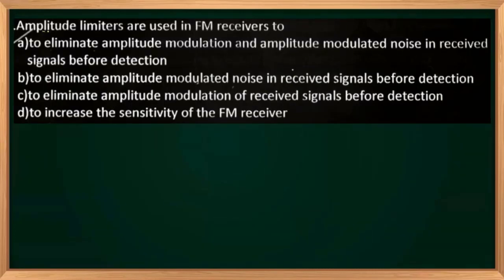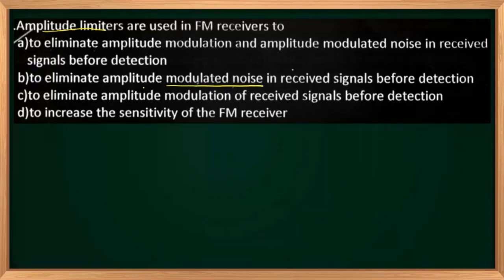Amplitude limiters are used in FM to eliminate amplitude modulated noise in the received signal before detection. That's the right answer. Actually, amplitude modulated noise is eliminated.